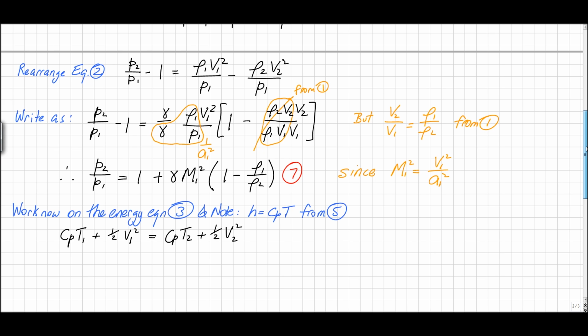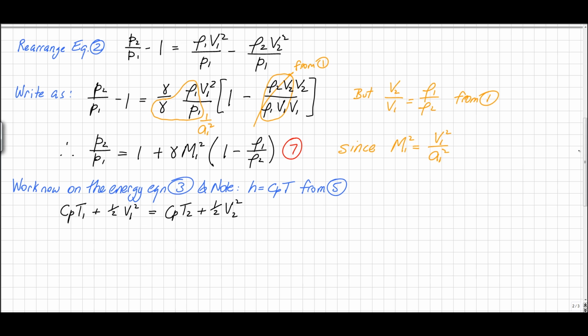Now let's see if we can get a temperature ratio out of this. We can divide everything by Cp, and move the T1 and the T2 together.